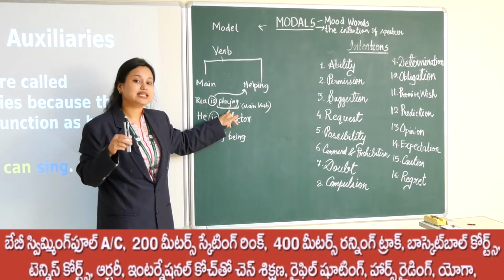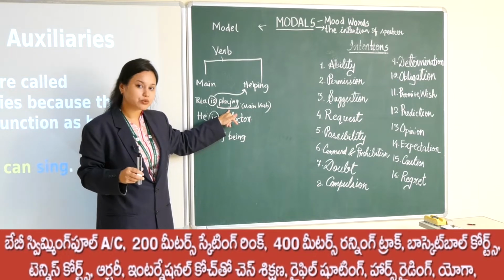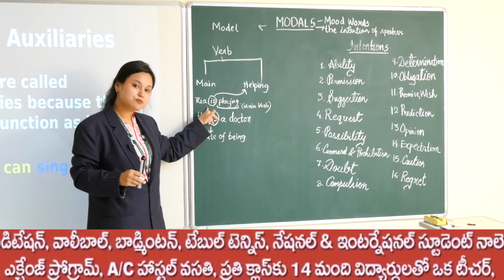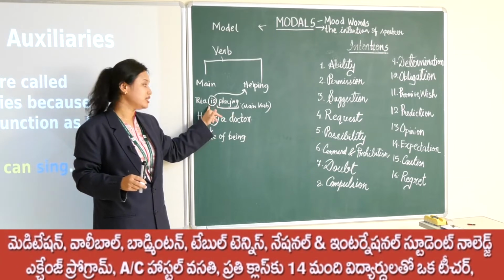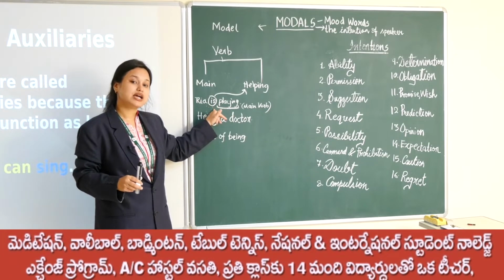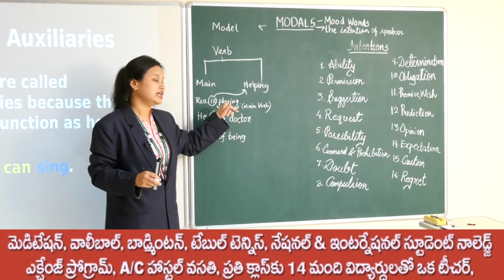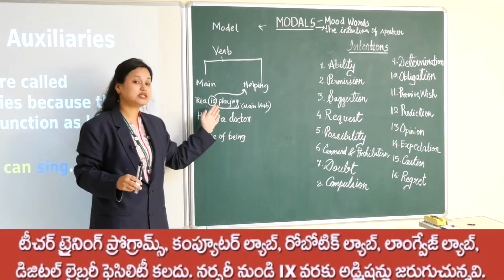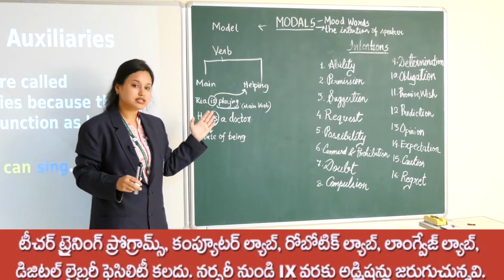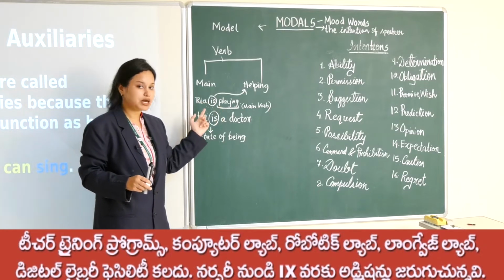It is happening in the present, right? When I say was playing, what information does it give? The verb was helps the main verb in conveying that the action was happening in the past, not in the present but in the past, right?